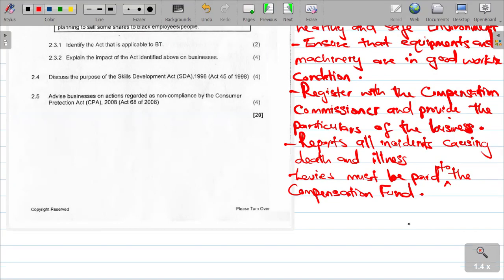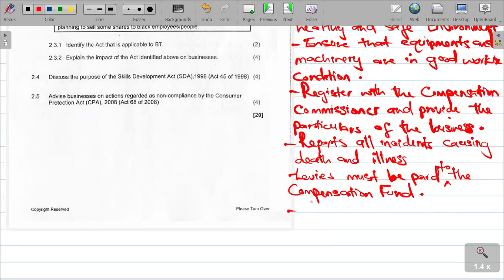The business also has to keep records of employees' income and details of work for 4 years, right?